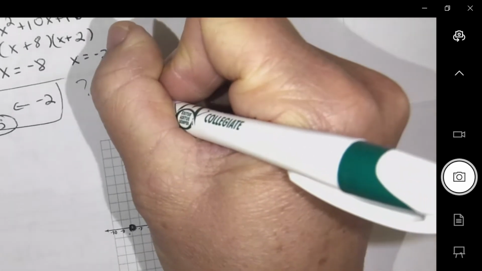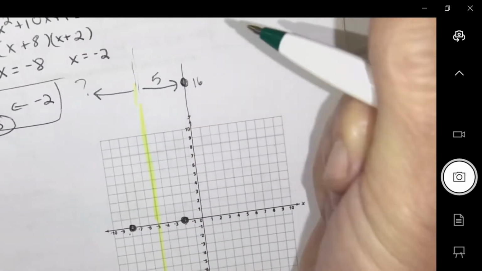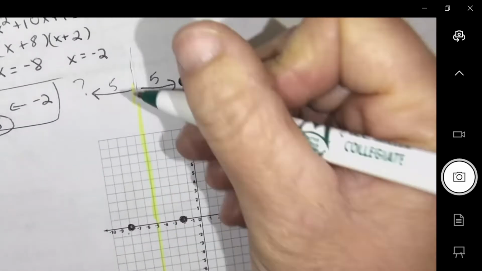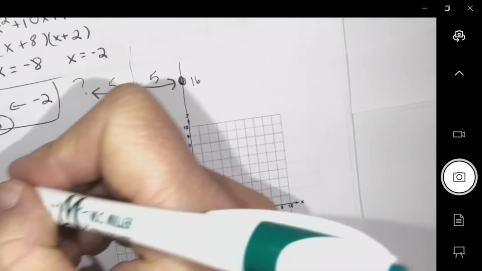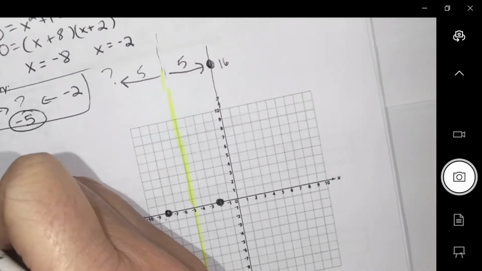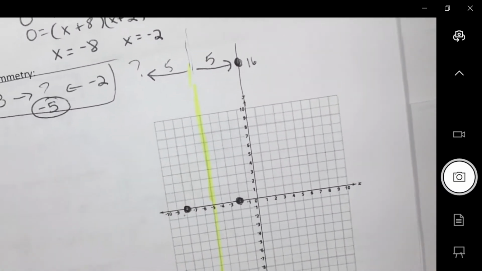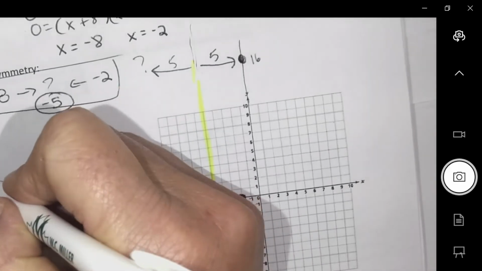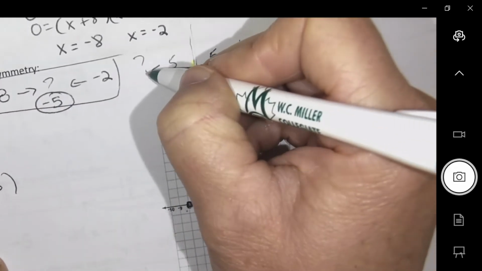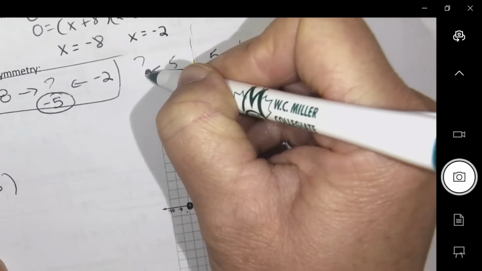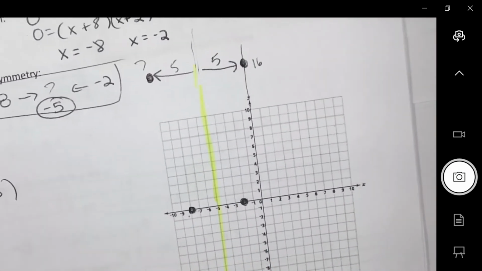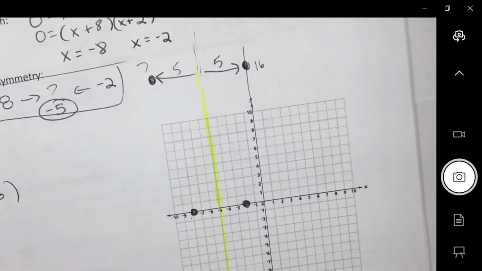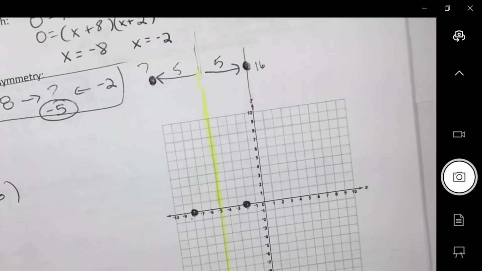So I need to move 5 in that direction. So that means it would be at (-10, ?). What would the height be? 16, because it's straight across. Okay, so you see how I use a little problem solving to get it? I flipped the distance this way and this way.